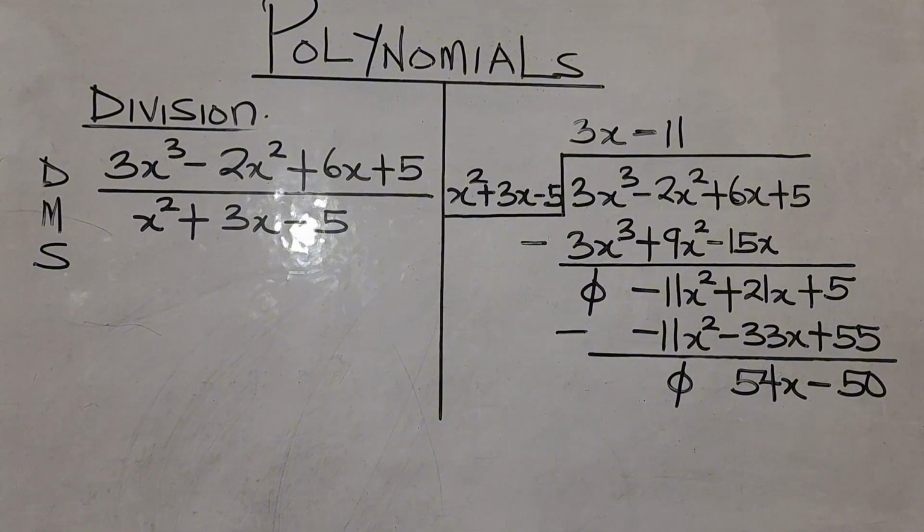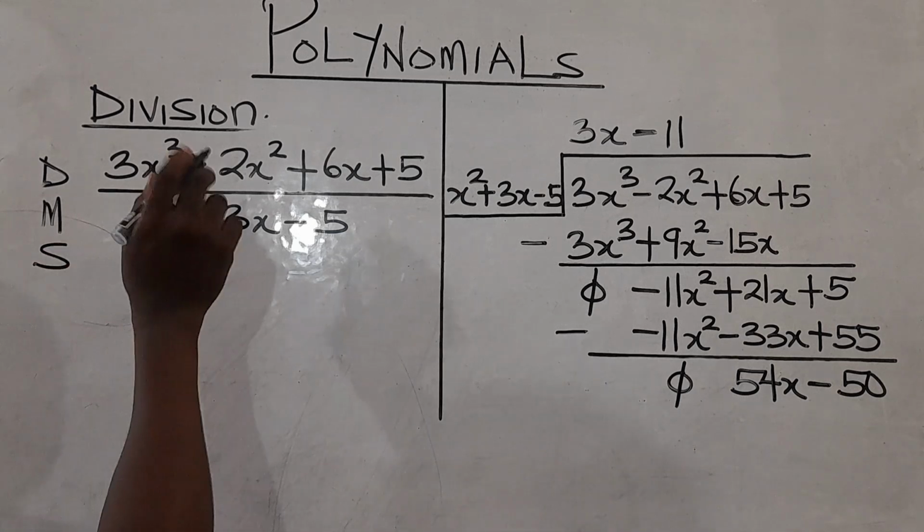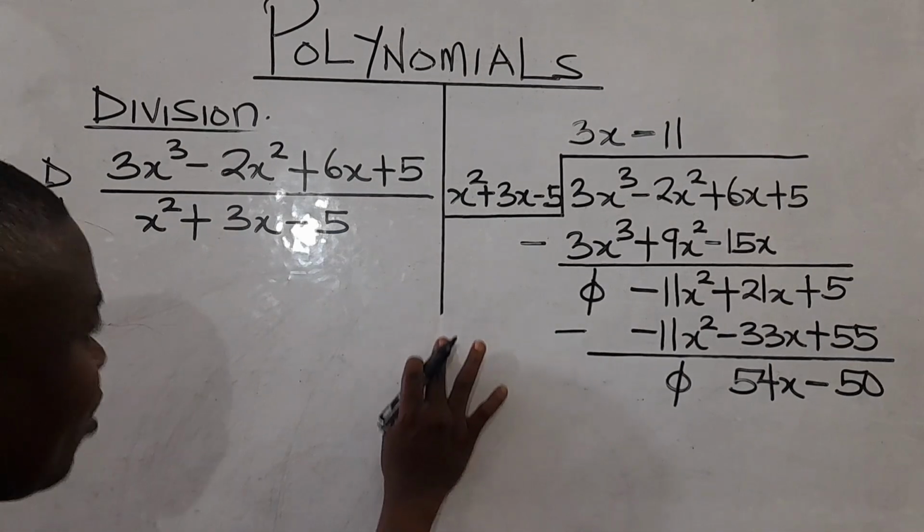With this, we can now go on and rewrite what we have there. So we can now see that this is broken down as, sorry, I'm going to clean this.